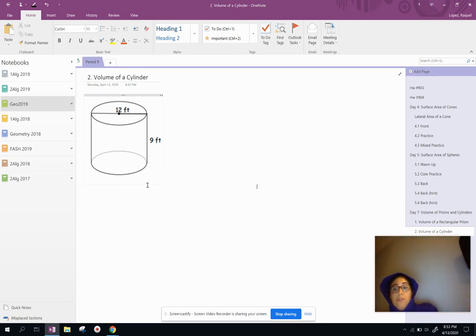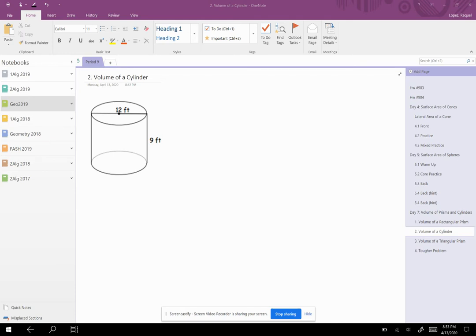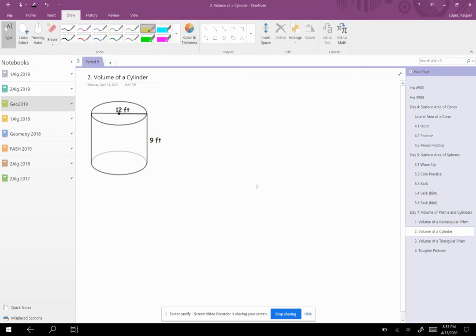So for example, our base here is a circle. The formula for area of a circle is pi r squared, and we're stacking that 9 times, so times the height. So that's where that formula comes from.